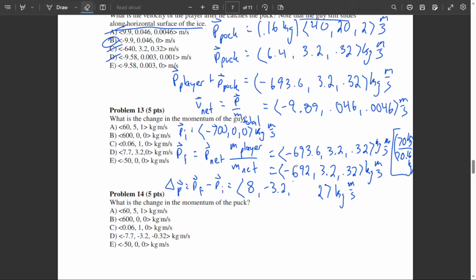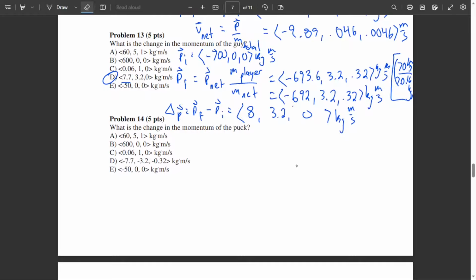So this becomes 0, and then I think I messed up the negatives here too. Yeah, I did. Both of those numbers are positive. And so our answer is D. I'm not sure why this is 7.7, our value is 8. I can't figure out why. I'm just going to say it's close enough.